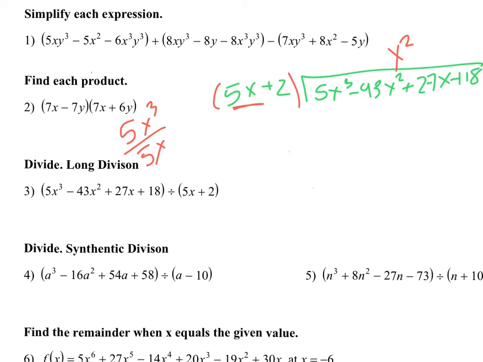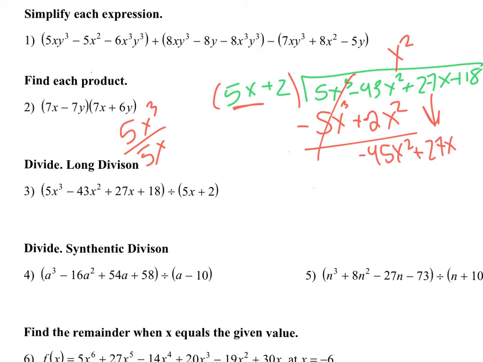It's going to be 5x cubed plus 2x squared, but we're subtracting everything, so we change our signs. Those cancel and we get negative 45x squared, and you drop down your 27x.